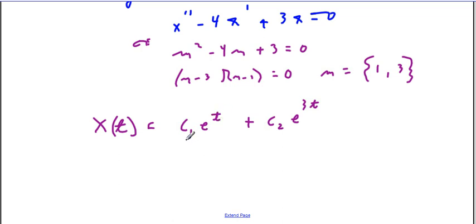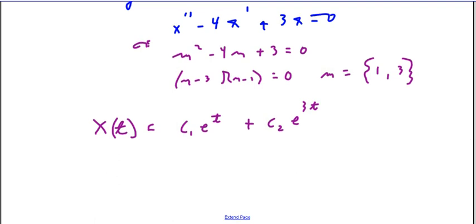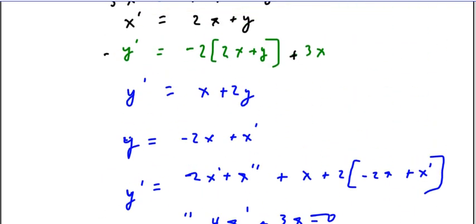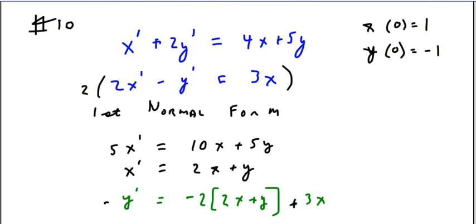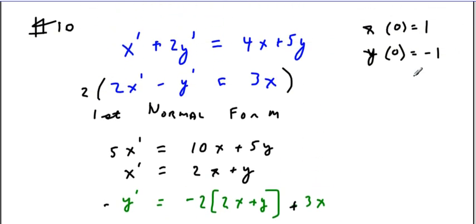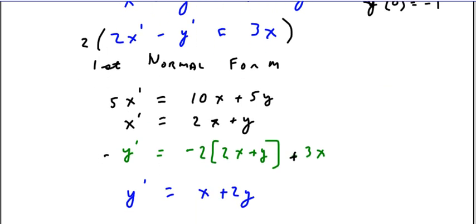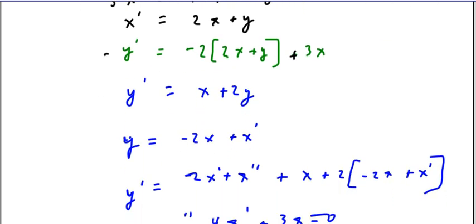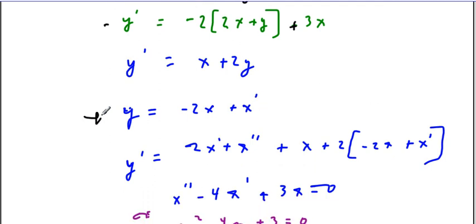Okay, now from up above we have that y is equal to x prime minus 2x. y is equal to minus 2x plus x prime. Okay, so that's what we're going to use, that guy right there.